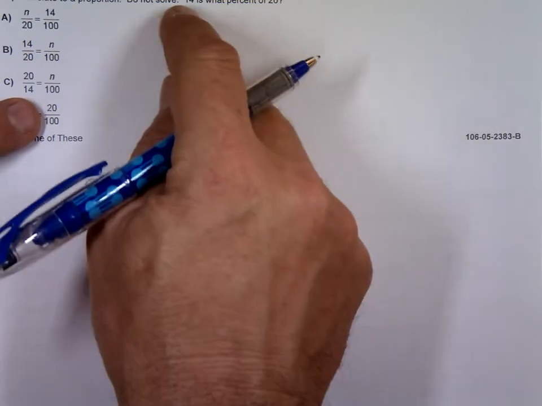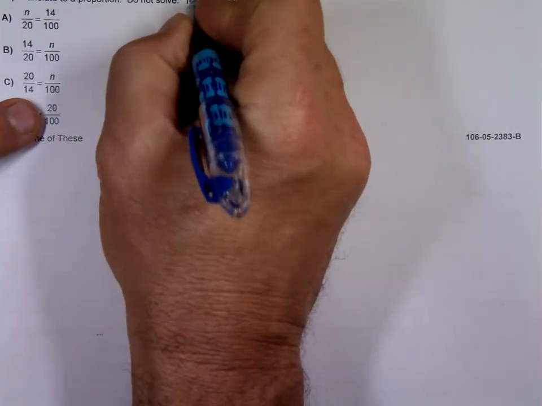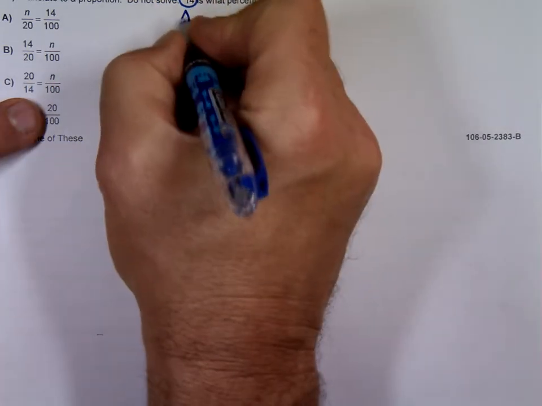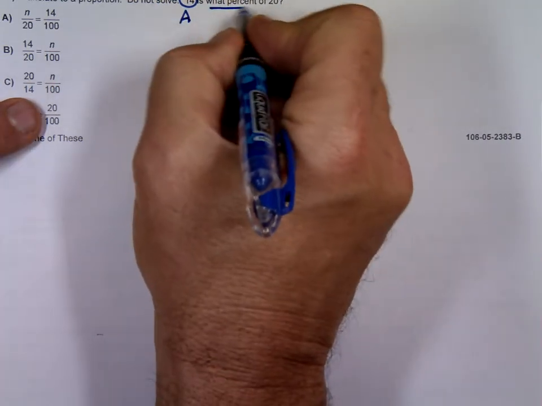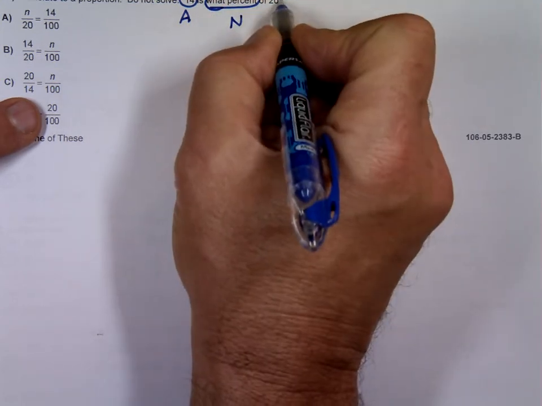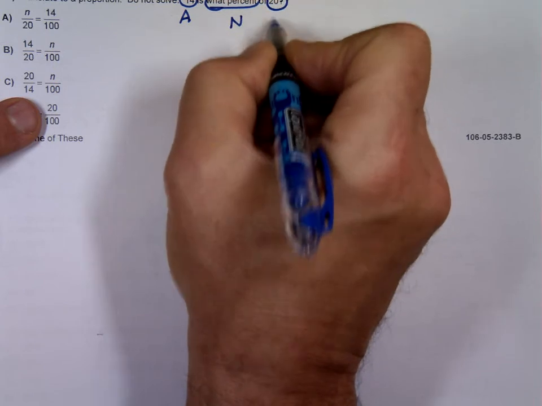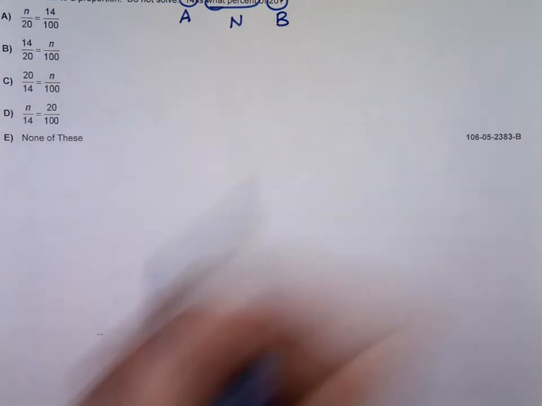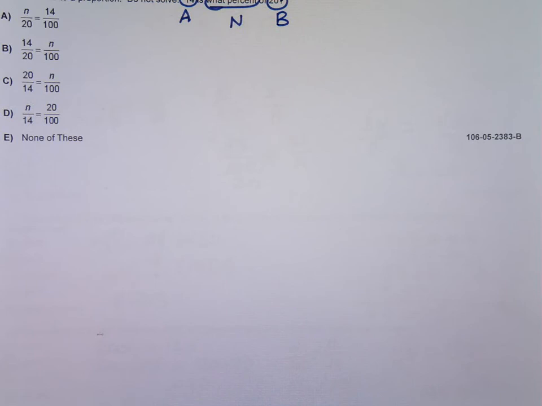14 is. Remember, what comes before is or after is the amount. That's the amount. Is. What percent? We're looking for the percent. That's the number. There's the word of, and what comes after of is the base. 14 is what percent of 20?